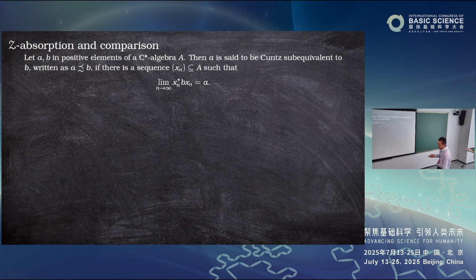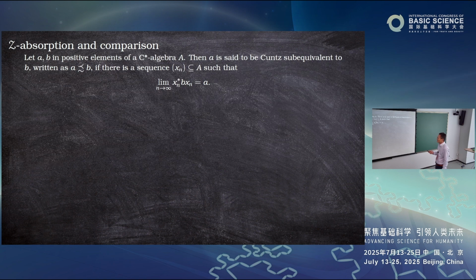So in the matrix algebra case, what does this relation really talk about? It's just about A having a smaller rank than B. Because any positive matrix, you can diagonalize. You turn them into diagonal matrices. Then what does this relation say?